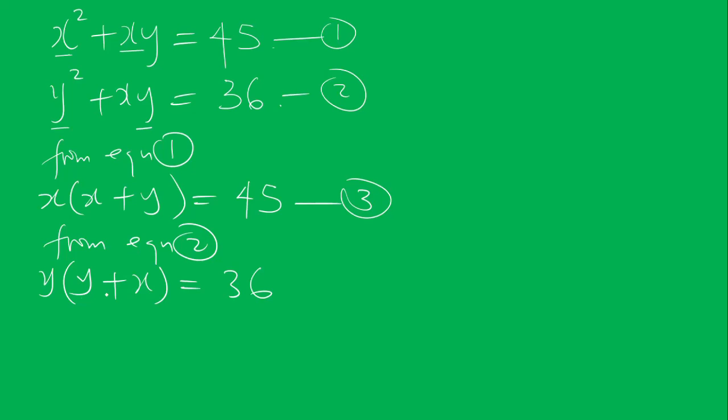So I can rearrange this to mean y into the parenthesis y plus x. Now we can interchange this: x plus y is the same thing as y plus x. So this is equation 4.